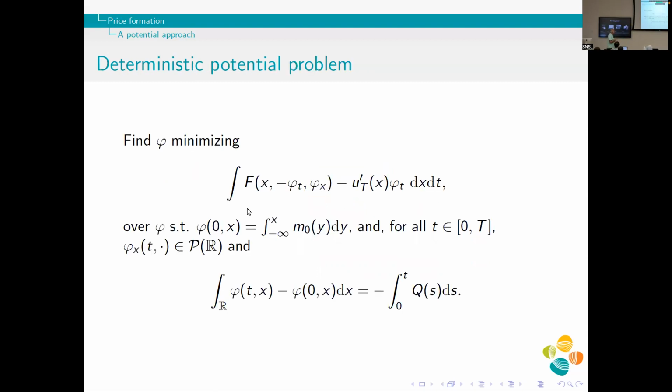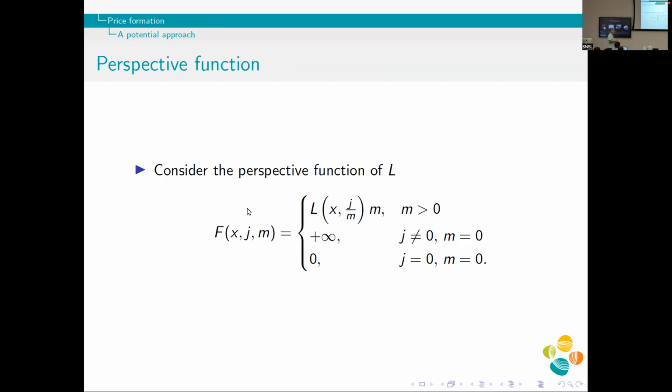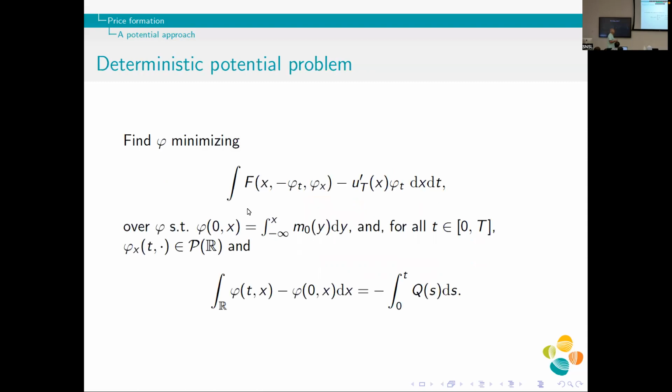But if you introduce this, it turns out that if you look at this variational problem, the idea is that J is going to be the flow of agents, so J over m is velocity. So what you put inside the Lagrangian is minus phi t, which is current divided by m. So that's the intuition behind this.